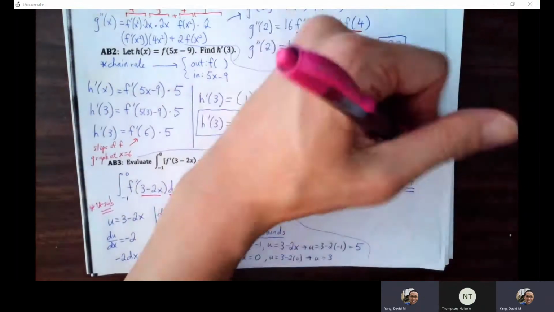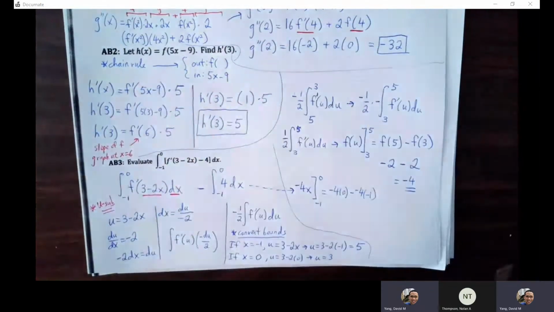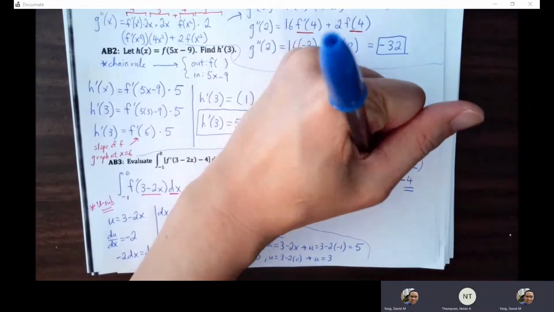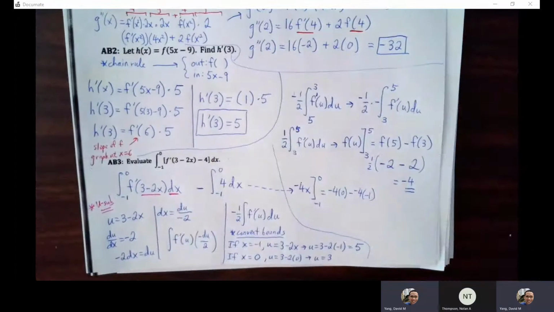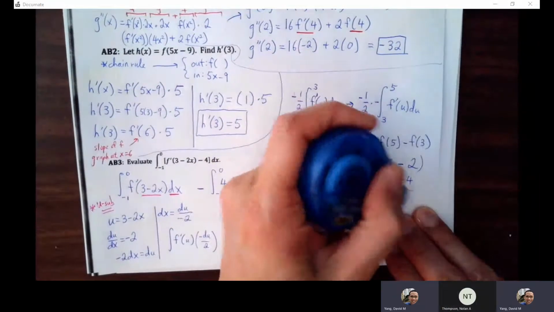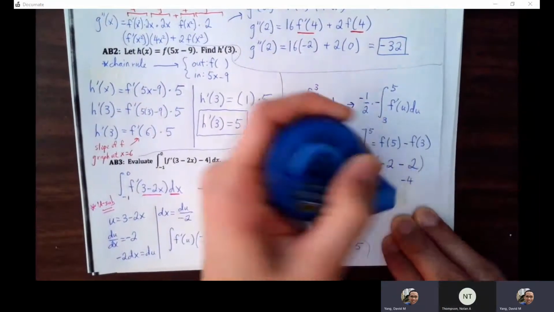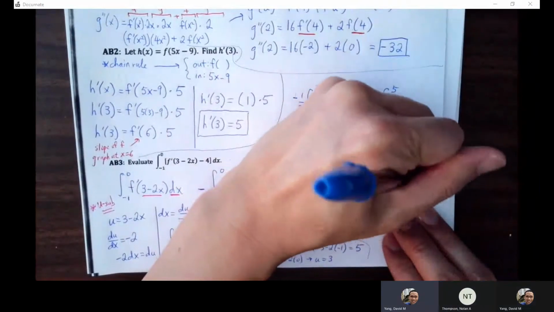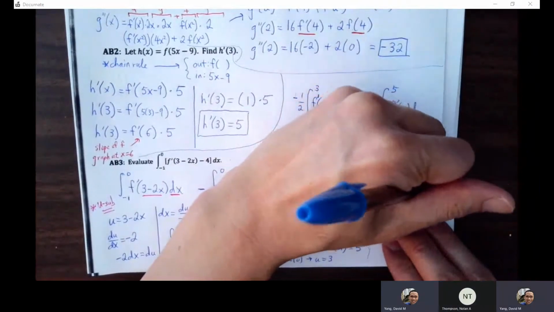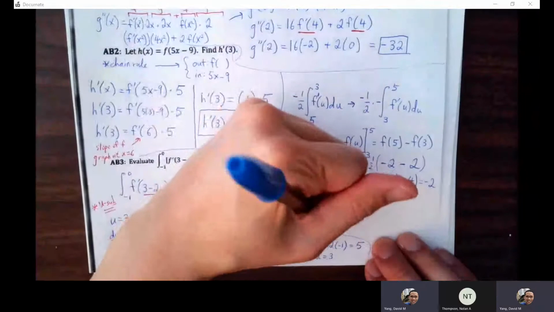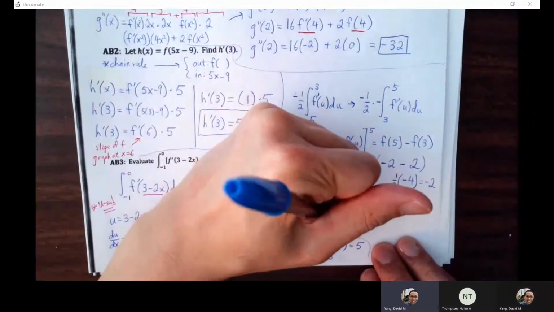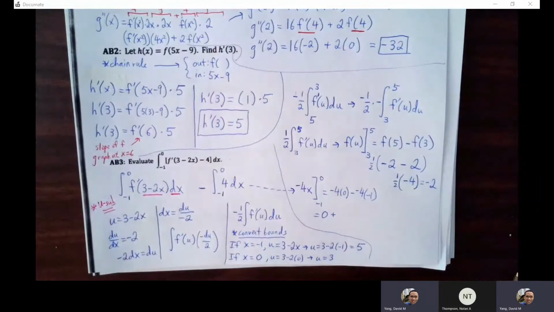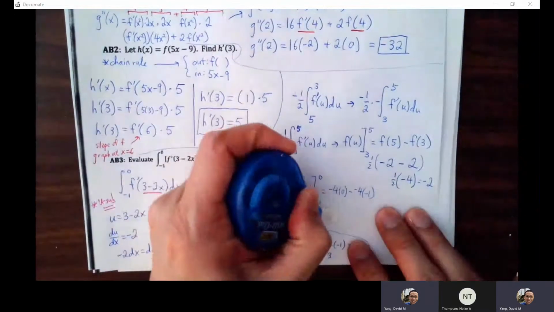So I need that 1/2 here. Oh, 0 minus 4. Three negatives here, so negative minus 4.